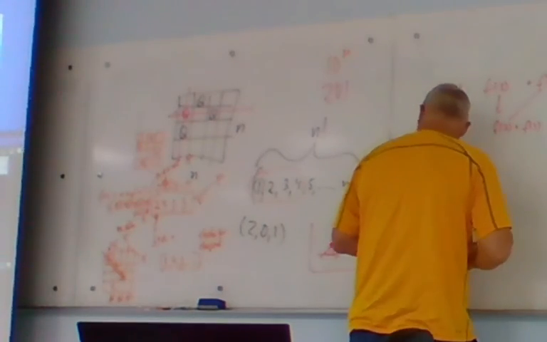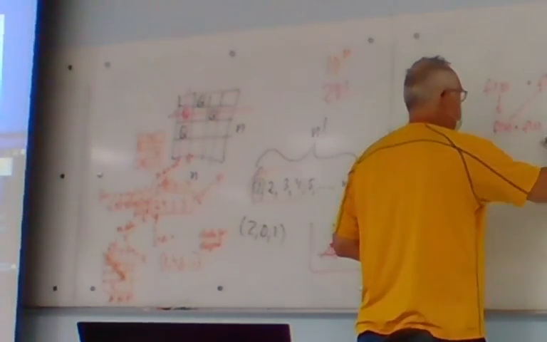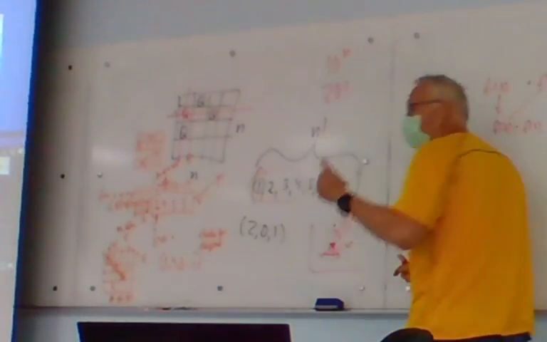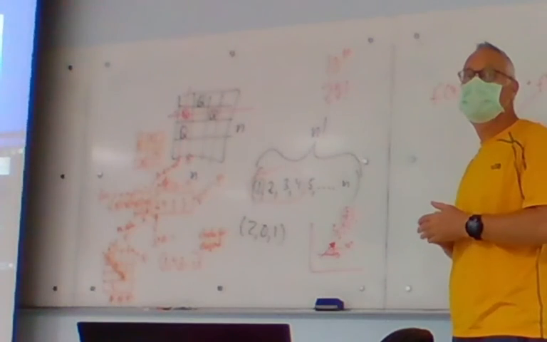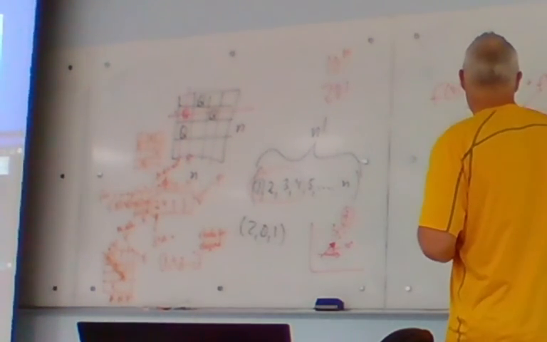Actually, f of 2 is my base case. 1 and 2 is the base case, so there's no recursive calling. So this would be 1.